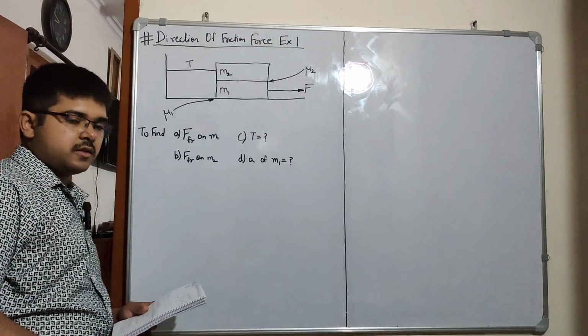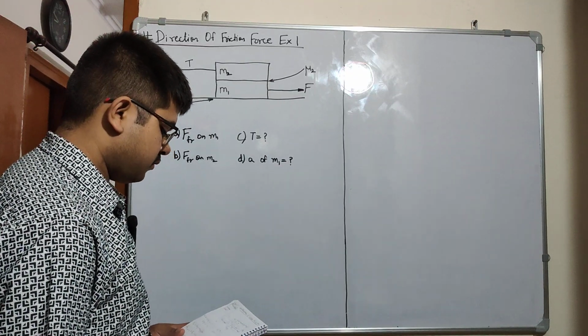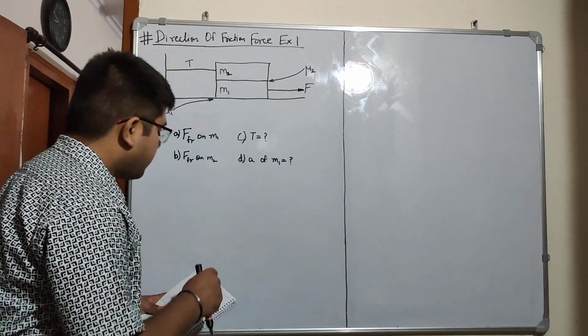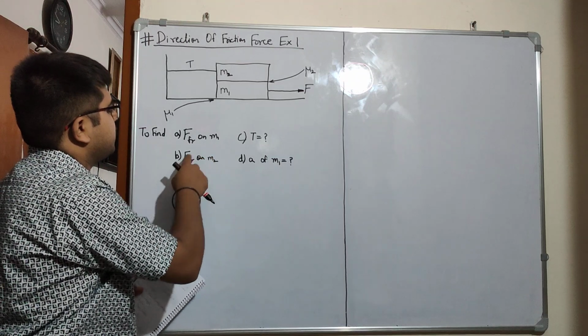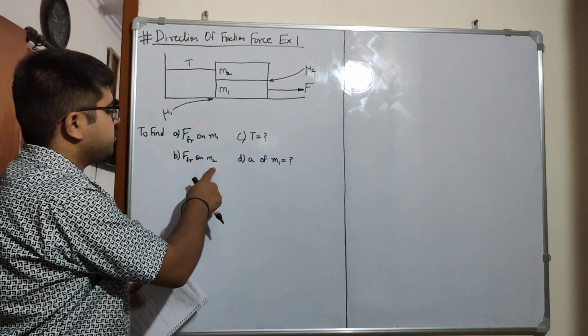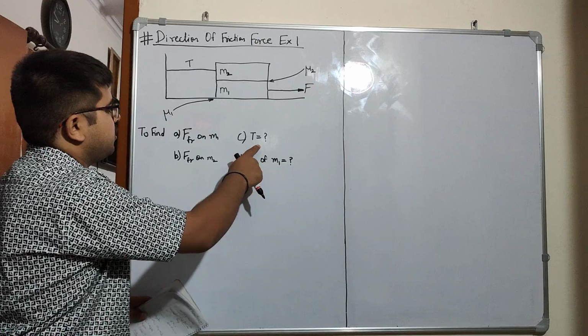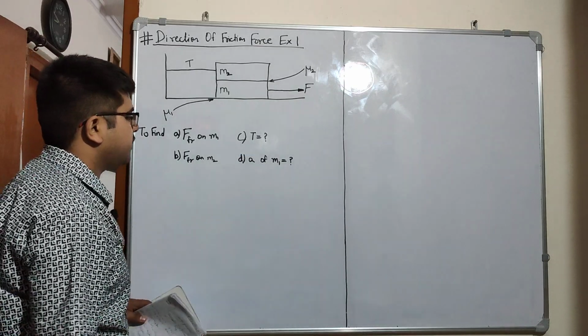So we have to find the frictional force on M1, the frictional force on M2, the tension in the cable, and the acceleration of mass 1.